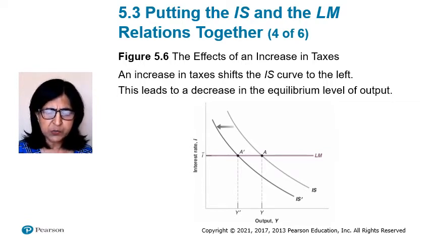The reason these words are italicized is that it is important always to distinguish between the shift of a curve, here the shift of the IS curve, and movement along a curve, here the movement along the LM curve. Note, the change in taxes has no effect on the LM curve.